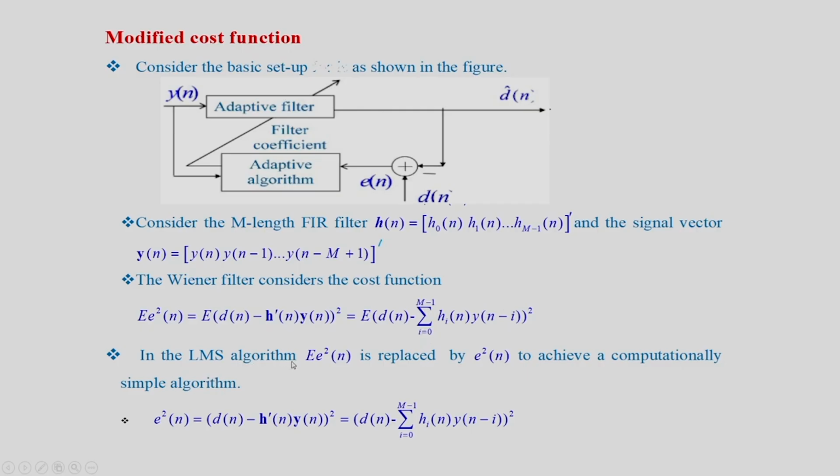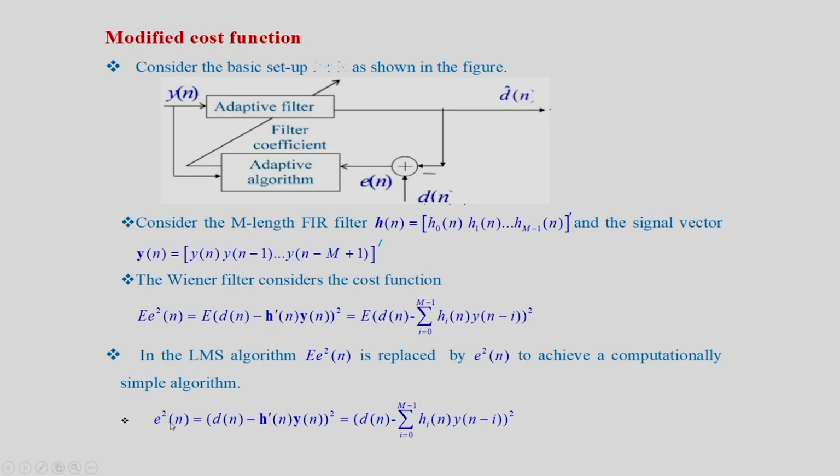In the LMS algorithm, E[e²(n)] is replaced by e²(n) to achieve a computationally simple algorithm. So, the modification is very simple: just replace E[e²(n)] by e²(n).